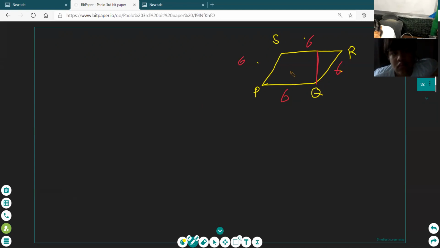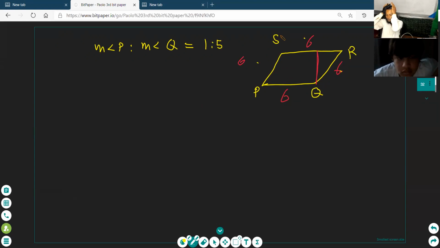Okay. Now find the angles, the ratio is given. What is the angle ratio? Measure of angle P to measure of angle Q is given. See the question. It is given 1:5. Write them. What is the value of P?